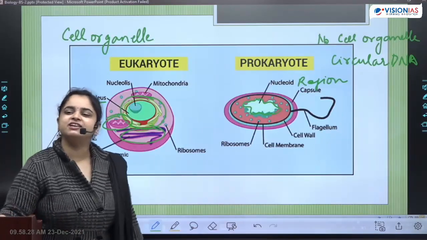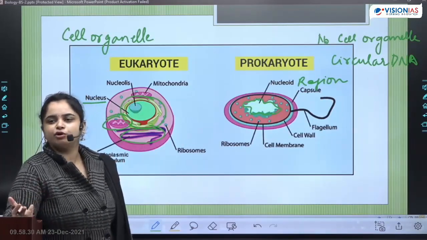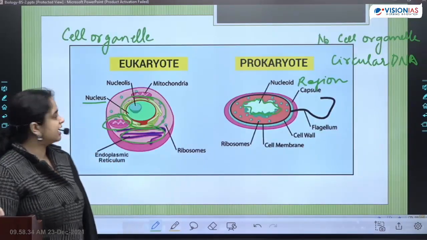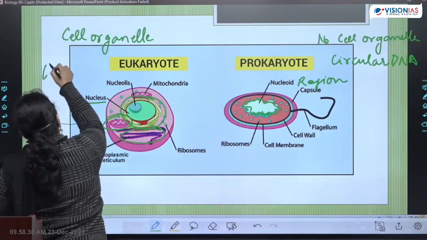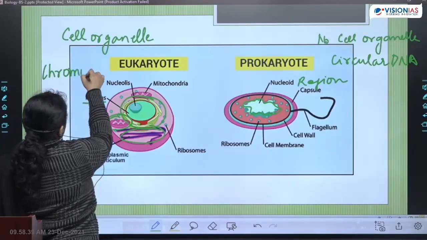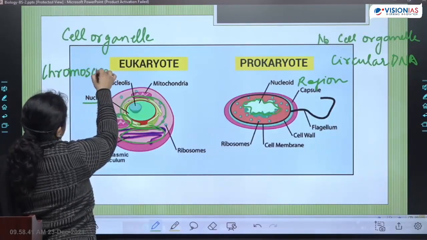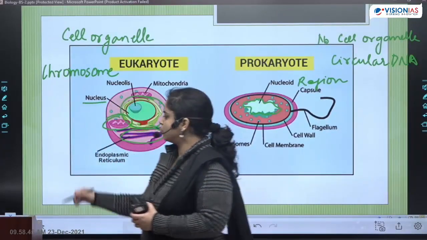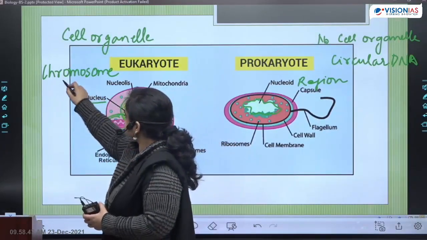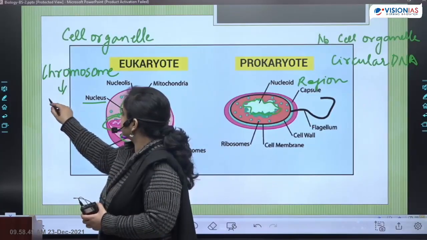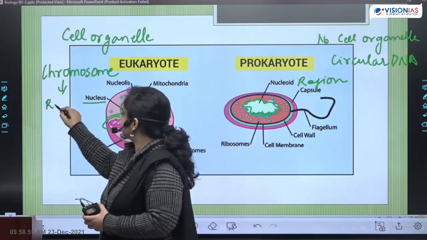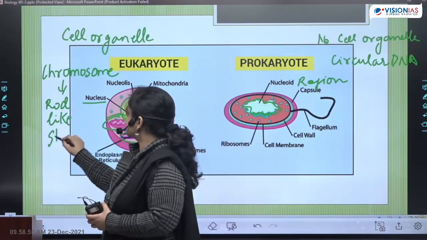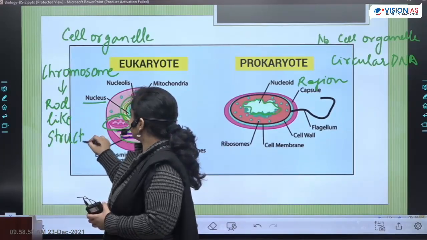But when a cell divides, at that point of time, we can clearly see the shape of DNA. And that DNA is in the form of something called chromosome. So maybe you've heard this term also. The chromosomes are actually rod-like structures.